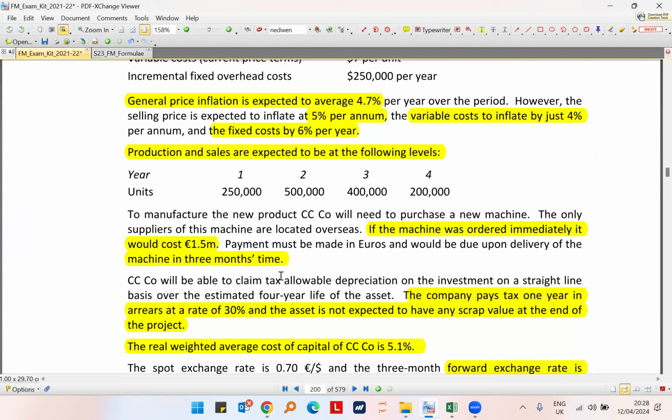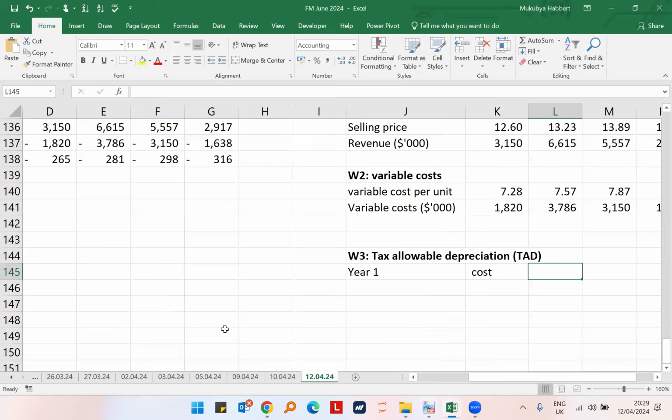Oh, okay, you may not need the working for this because it is on a straight line basis. So if it's straight line basis, you may just divide. We don't need this working because it mostly works if you are doing reducing balance.